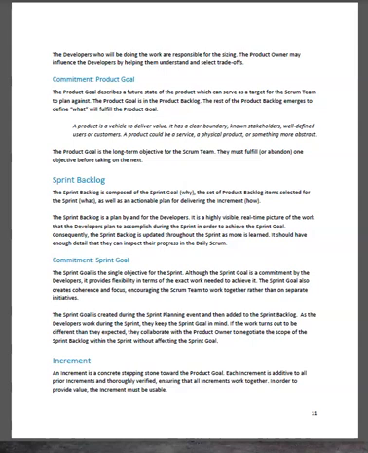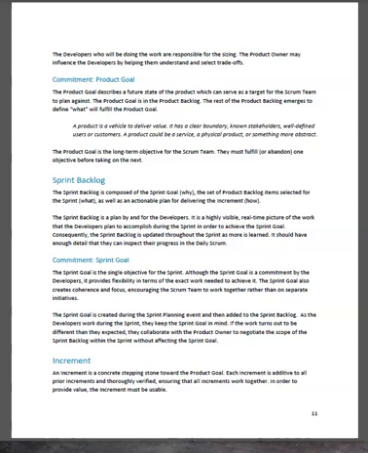It is a highly visible real-time picture of the work that the developers plan to accomplish during the sprint in order to achieve the sprint goal. Consequently, the sprint backlog is updated throughout the sprint as more is learned. It should have enough detail that they can inspect their progress in the daily Scrum.